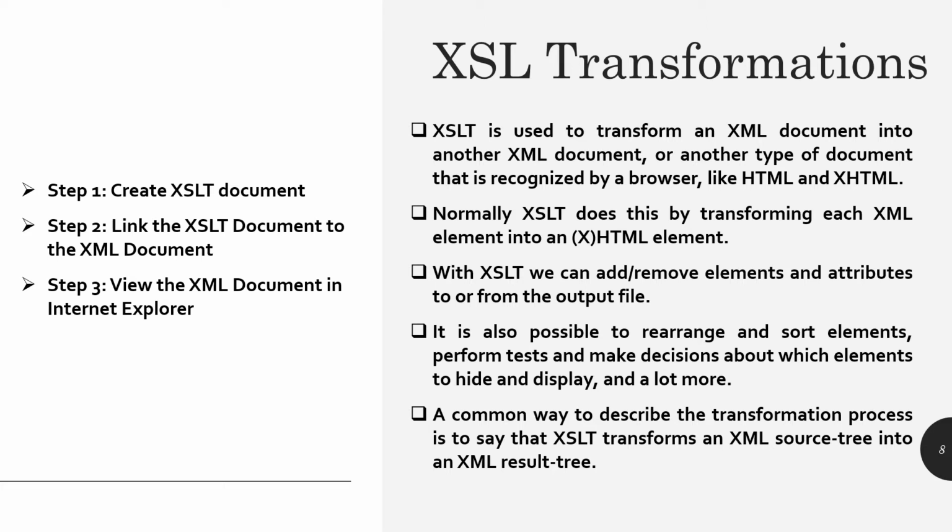The next step is we need to link it with the XML document, and after linking we can open it using a browser. Internet Explorer is the more compatible browser here. Using that we can view the content of that file. This is about XSL transformation.